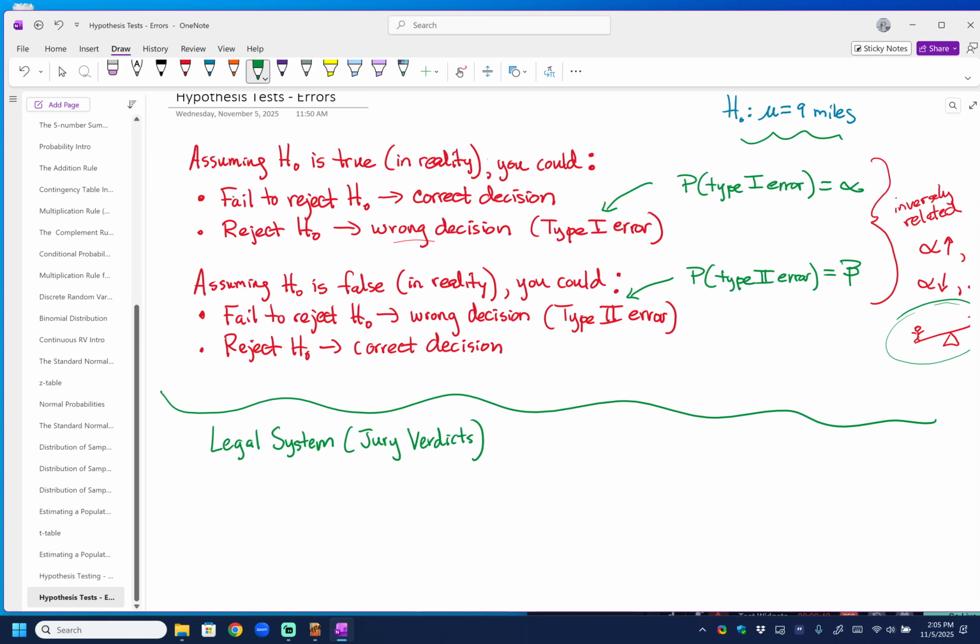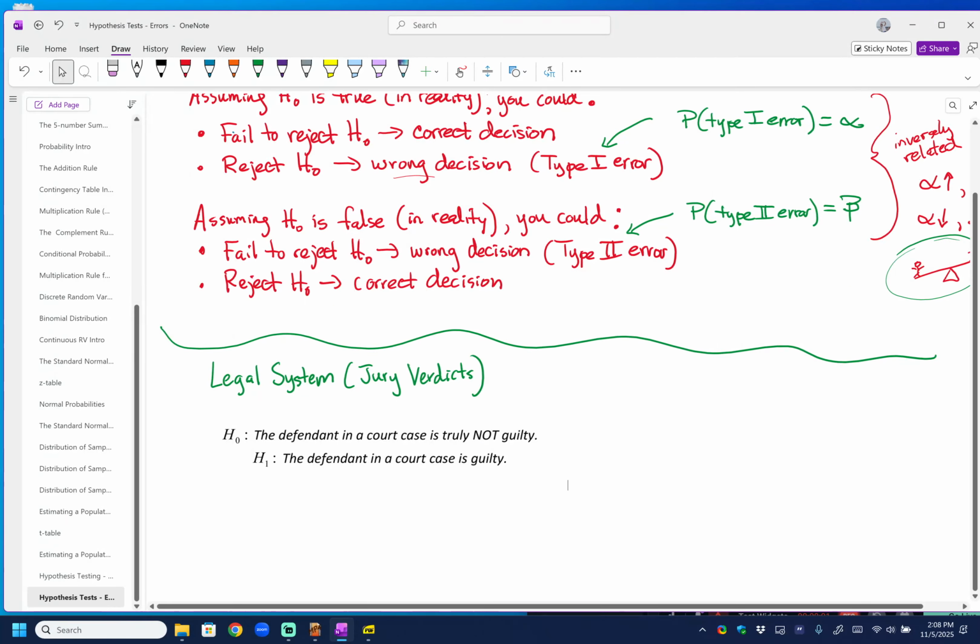So what we're going to do is set up a hypothesis test that basically mirrors a jury court case. So we consider a defendant in this court case. Normally, unless there's an obvious witness or video, whatever it is, the only person that really knows whether they're guilty or not for sure is the defendant.